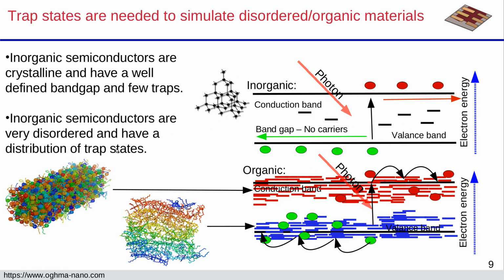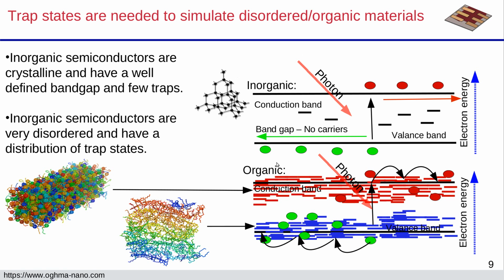But if you look at a material like some of these organic materials, they're highly disordered with lots and lots of trap states. In fact, most transport happens through being trapped and then becoming free through thermal activation. Transport happens, generally speaking, through capture and escape from traps, getting free, then trapped again, free and trapped again. So they're very, very different materials.